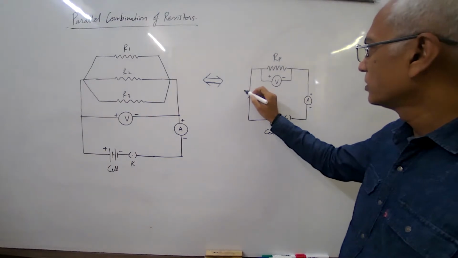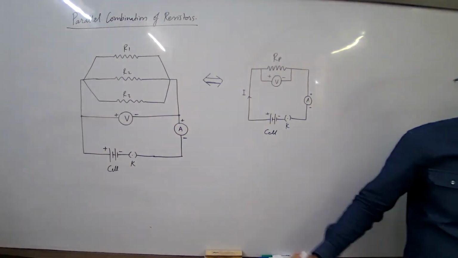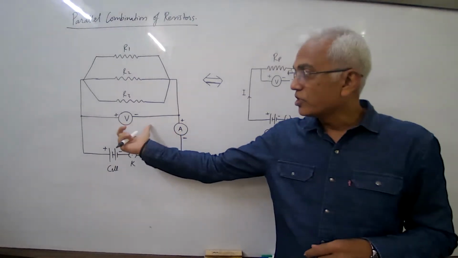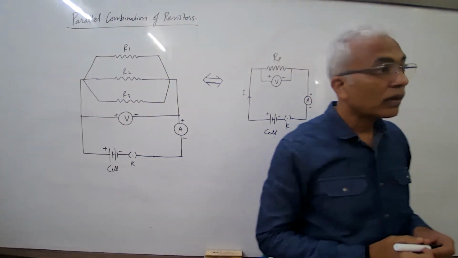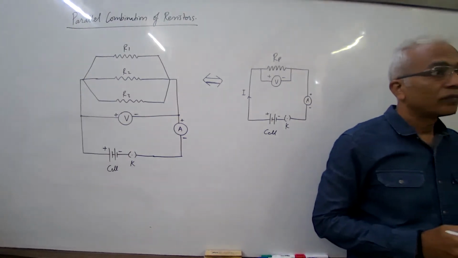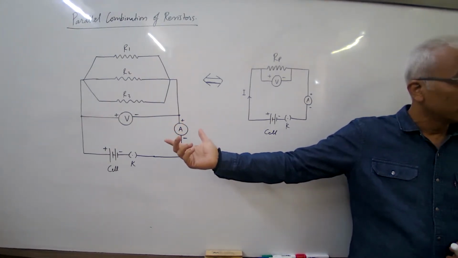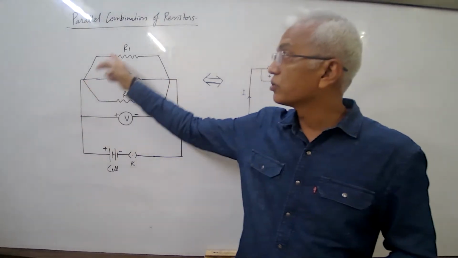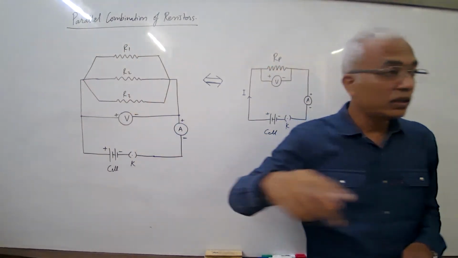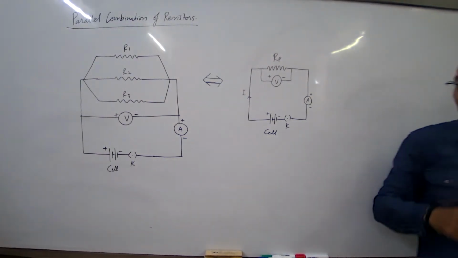So what is happening in parallel combination? What about potential difference? Is it same or different across all the three resistors? It is same, right? Because this end is connected here, this is connected here. So all R1, R2, R3 are connected through the same potential difference. What about current?